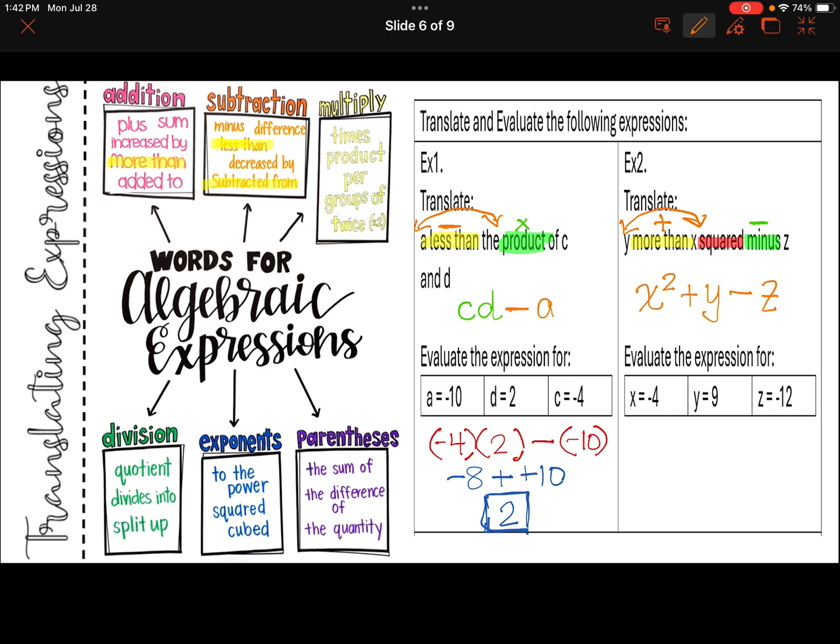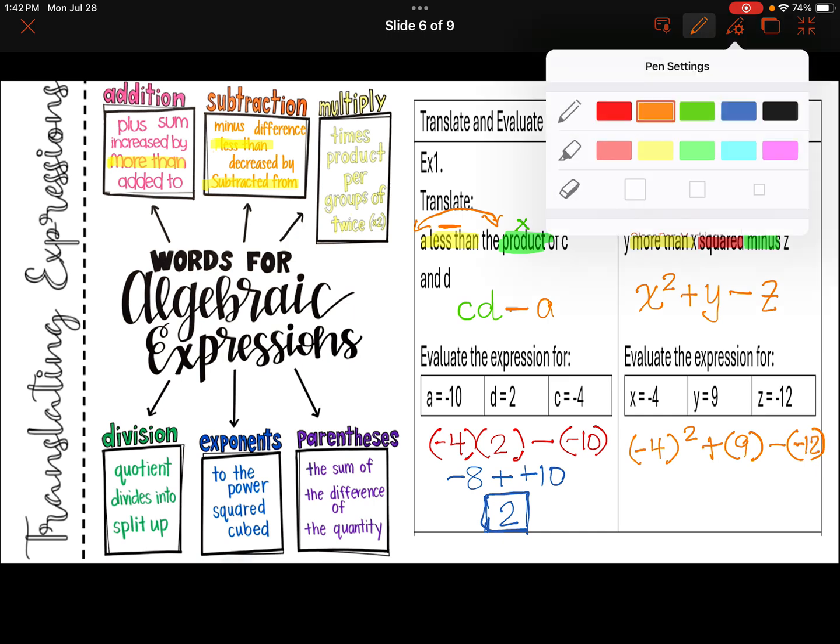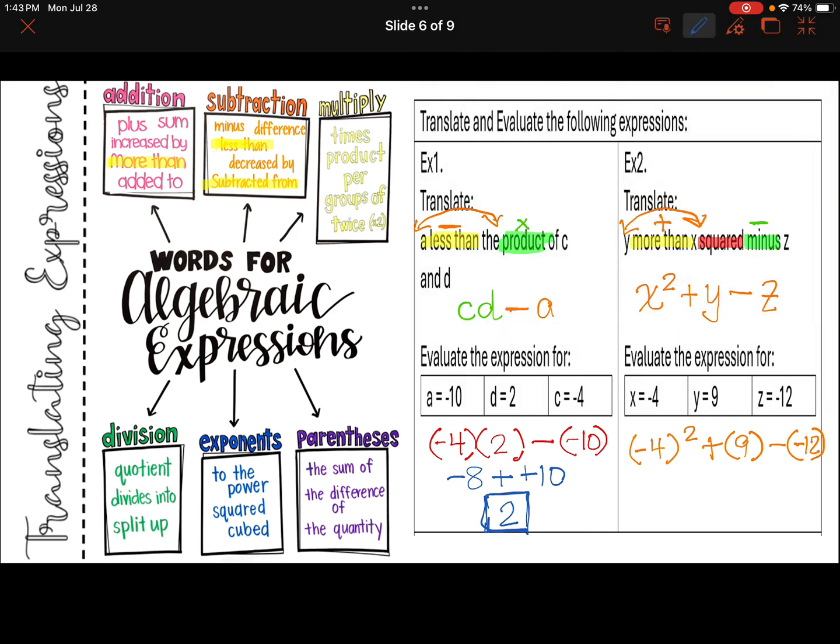So now it's time to plug and chug for evaluate. So everywhere there's a variable, we are placing parentheses. I am going to plug in the -4. I'm going to plug in a +9. I am going to plug in a -12. -4 times -4, so now it's time for our order of operations. Start with the exponent.